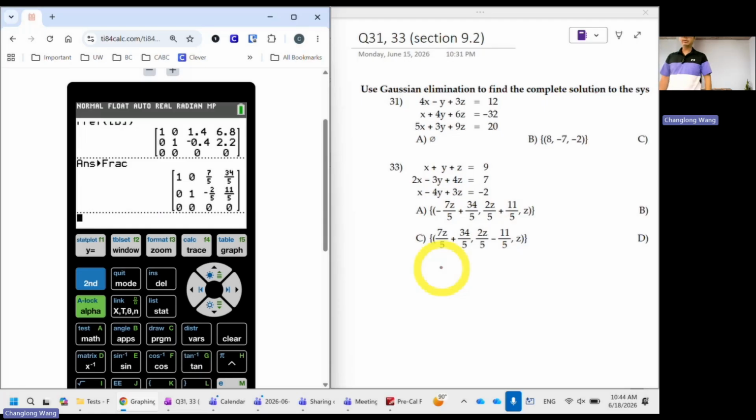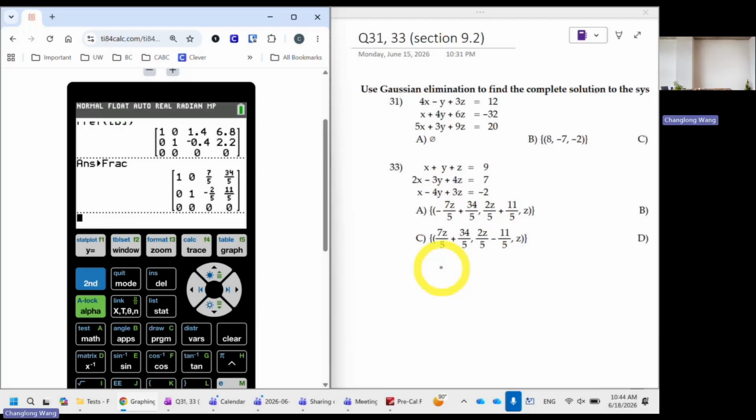So infinite solutions, right? Now, if I were to change the last row into 0, 0, 0, -2, and that doesn't have to be negative, could be anything, but the last number is not 0, that means you have a contradiction.